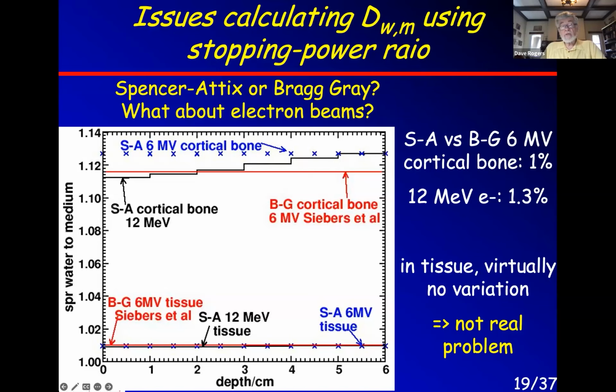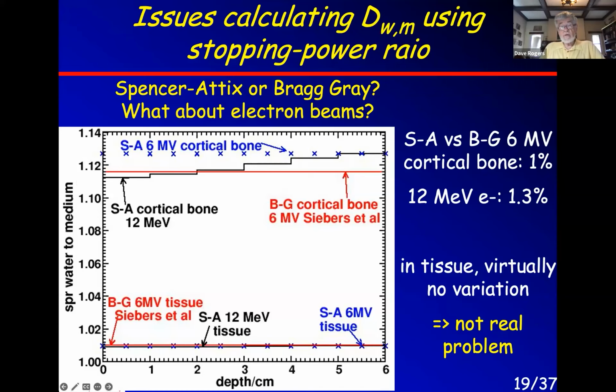And I also did the calculations for a 12 MeV electron beam, and you can see that in this histogram, and you can see that there's about 1.3% variation as you change the depth, but it's not huge. So this approximation of using the stopping power ratio is fairly robust, is the bottom line in this sense. And this is for bone, where we see this is a 12% effect.